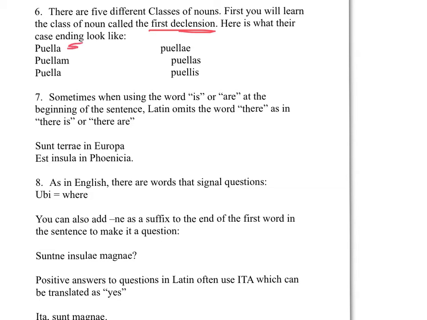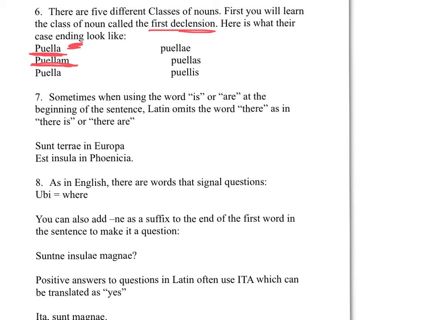Puella is the nominative, singular, and feminine. That means this word is the subject of the sentence because it has the nominative case ending and it happens to be singular and feminine. Puellam is the direct object case ending in the singular and feminine. So that's the accusative singular feminine.